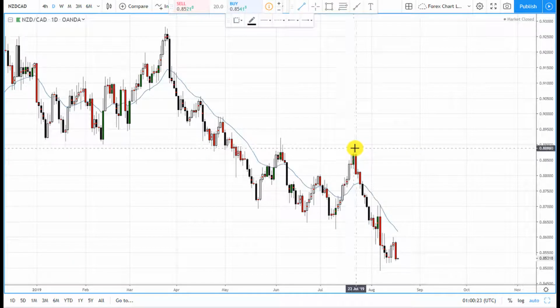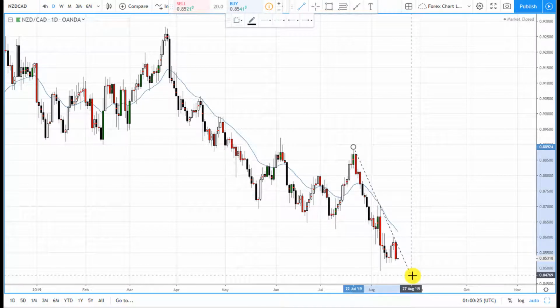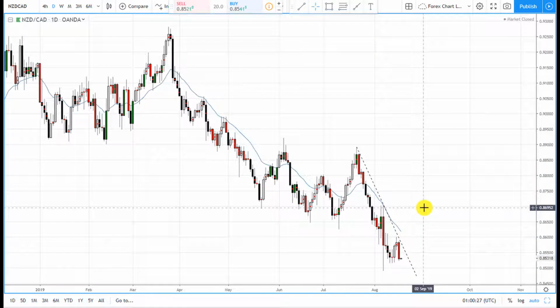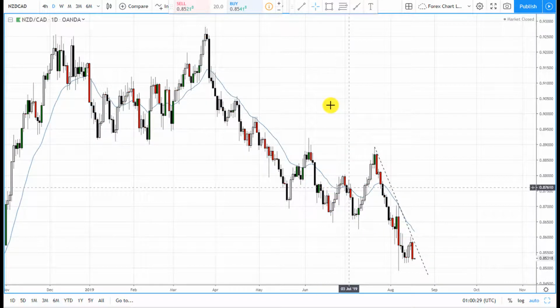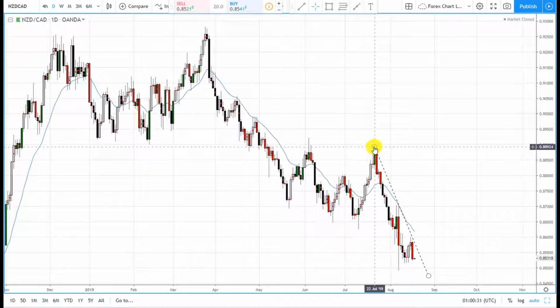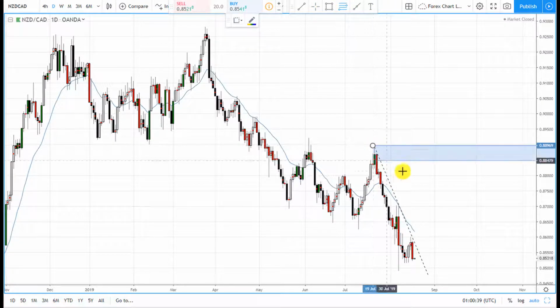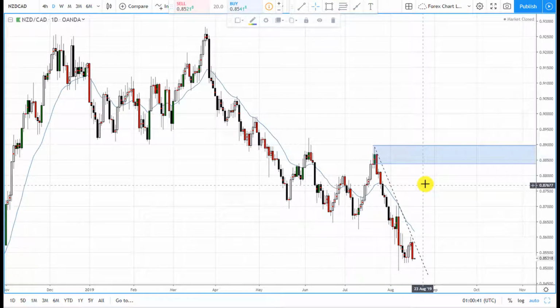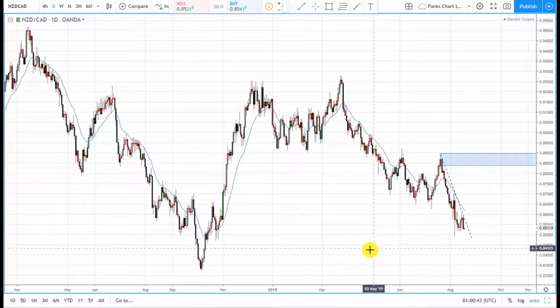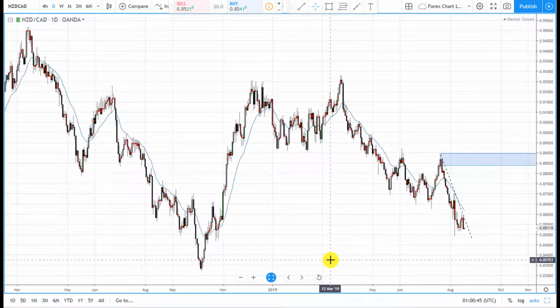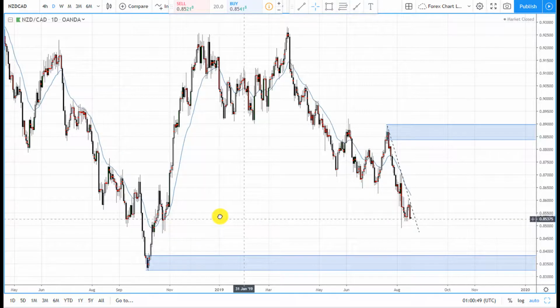On the daily, there's a really steep trend line right here. Obviously supply up here. And then there's a really low demand zone down here.